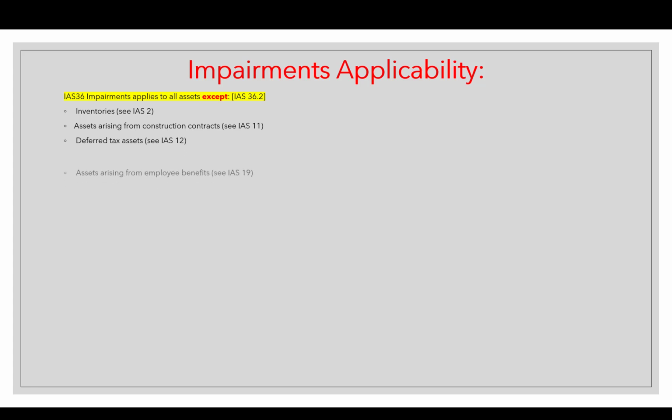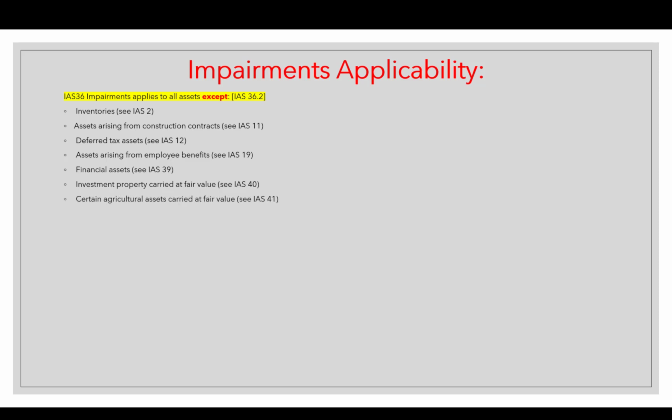Impairment's applicability: for IAS, international accounting standards, impairment applies to all assets except inventories, assets arising from construction contracts, deferred tax assets, assets arising from employee benefits, financial assets, investment property carried at fair value, certain agriculture assets carried at fair value, insurance contract assets, and assets held for sale.